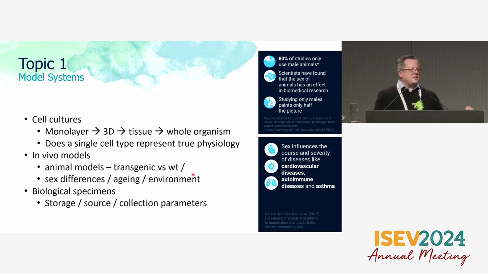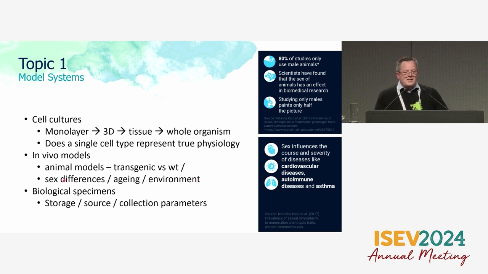We know there's many, many different strains of wild type mouse, for instance. They have quite distinct properties depending on the kinds of experiments you're doing. So you do need to think hard about the kinds of animal models that you're using. And also to consider things such as sex differences, the age of animals, and also the environment that's applied experimentally to those animals.